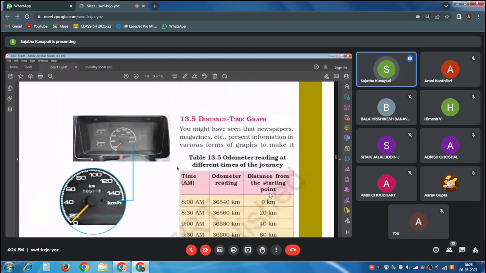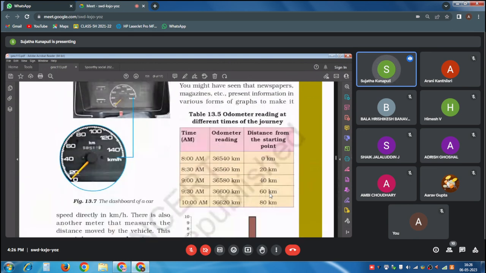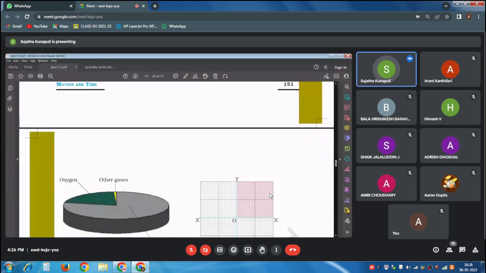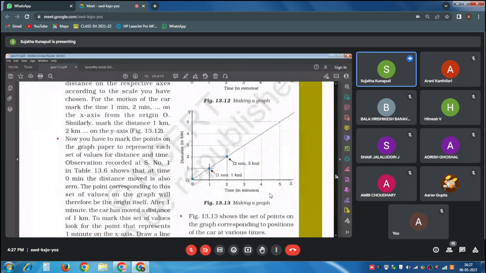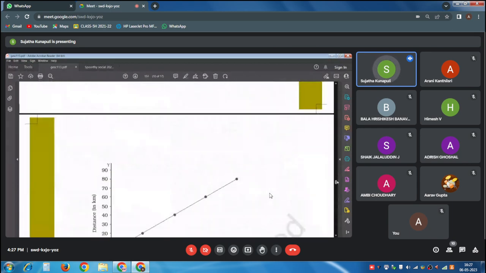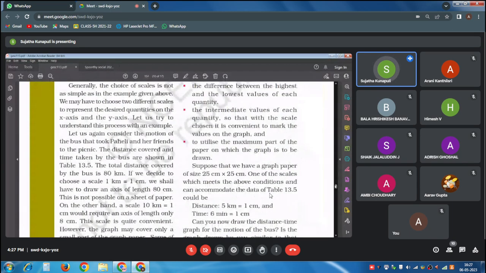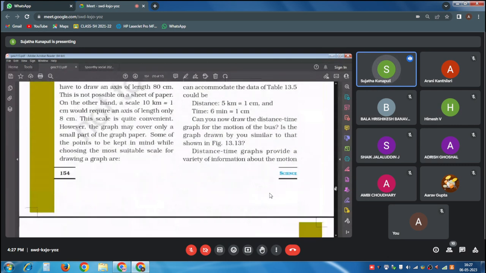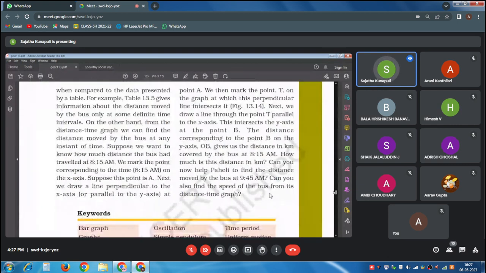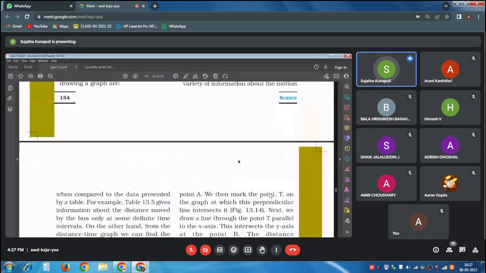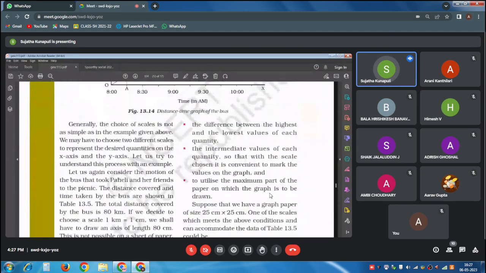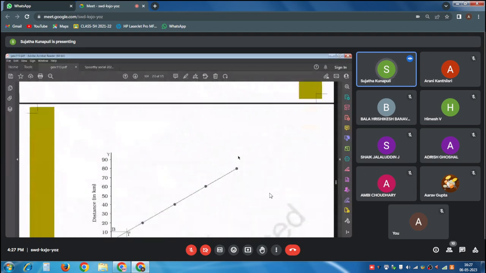So this distance-time graph we will start on Monday. You won't get any questions from this graph; it only tells how we plot the data on the graph.